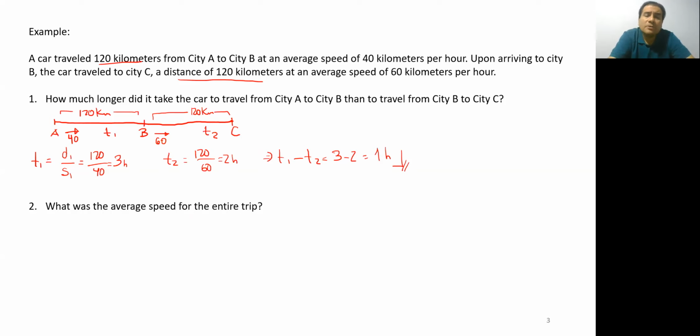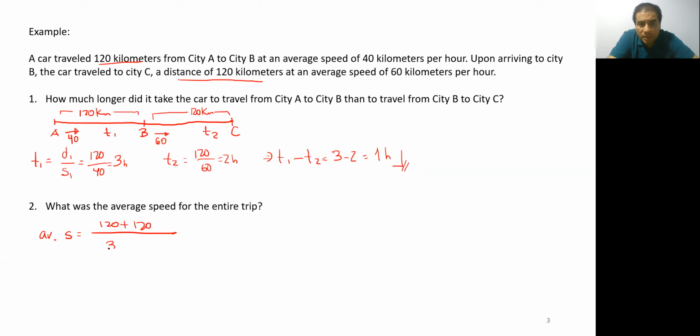Now, what was the average speed for the entire trip? Well, from our formula, we know that the average speed is the total distance, so 120 plus 120, divided by the total time. But we know the total time from the first question.